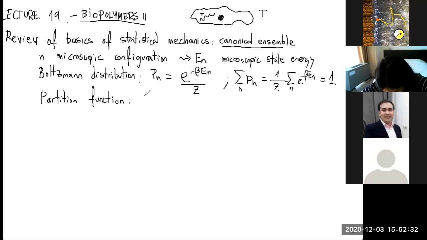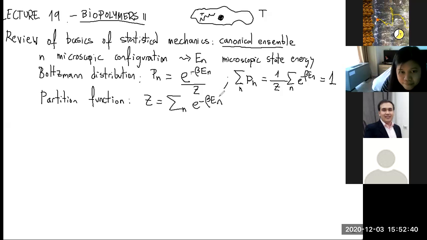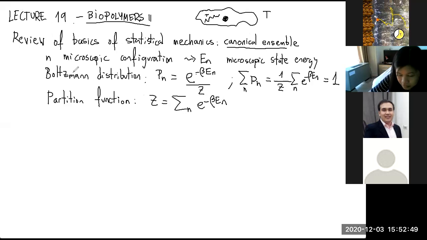But okay, so the partition function is Z equals the sum of e to the minus beta En. From here you should know that in the canonical ensemble, if you know Z, you know everything. You can derive almost every quantity that is of interest in equilibrium.